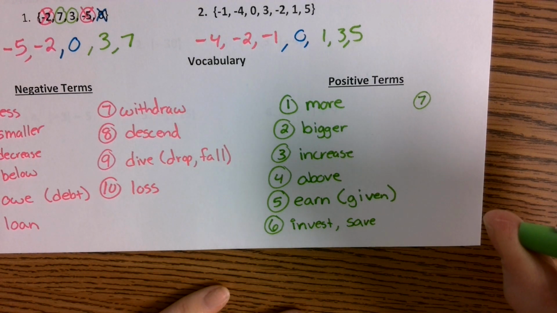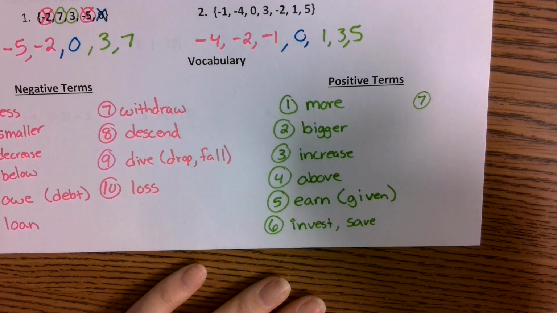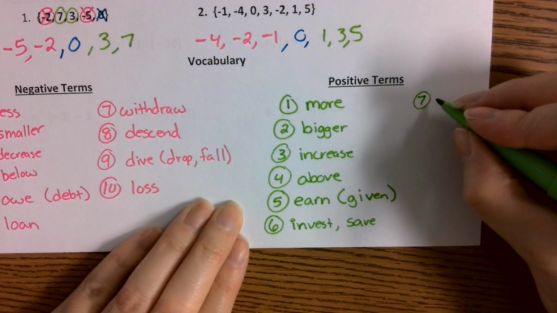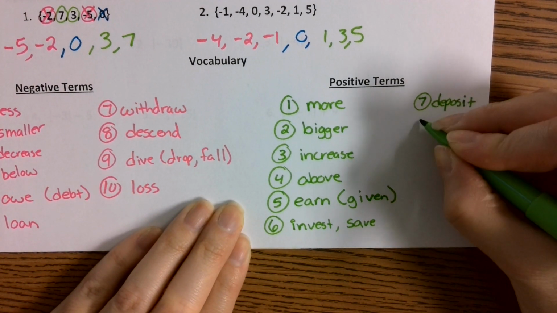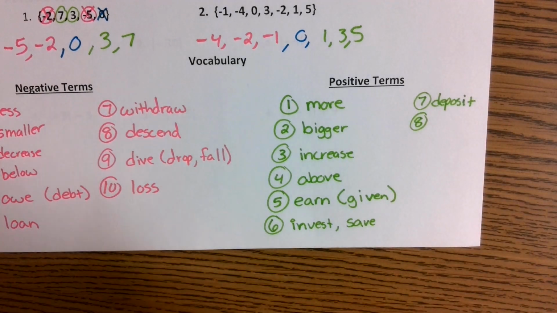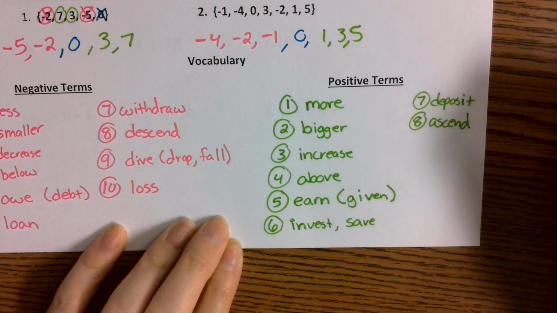Jackson? So what do we call that? There's a term for that. Deposit. Okay, opposite of descend. Opposite of descend. What do you think, Ariana? Ascend. Okay, so when the plane lands, it's descending.